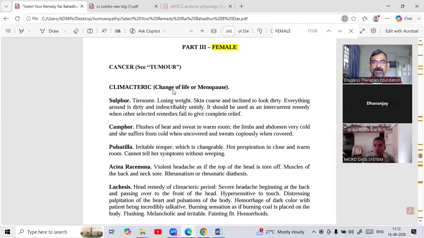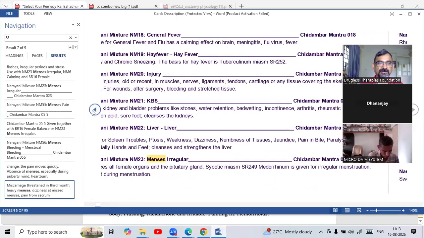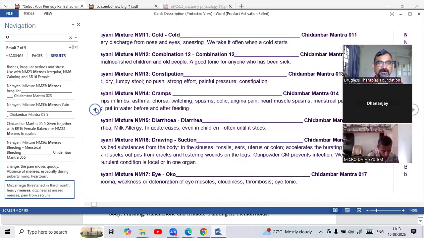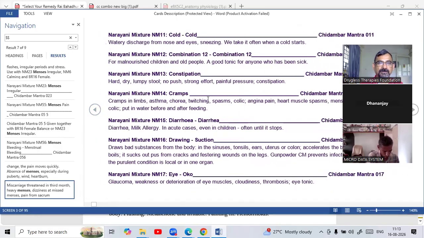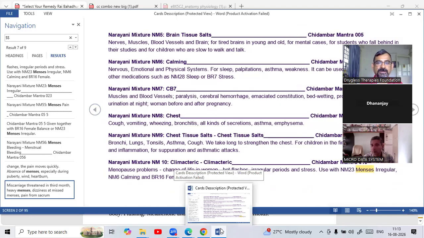In the time of climacteric, our combination, I think mixture number 10 or 13, is taking care of this. Let us see. Mixture number 10 can also be given.